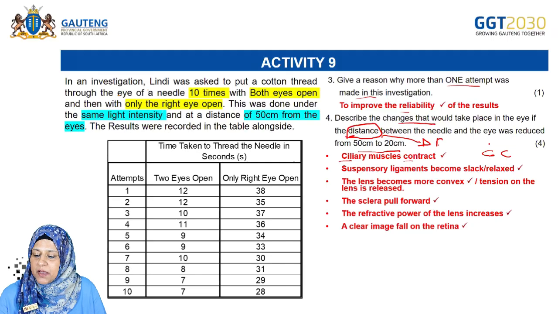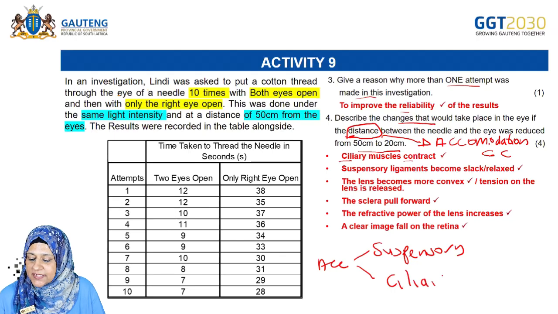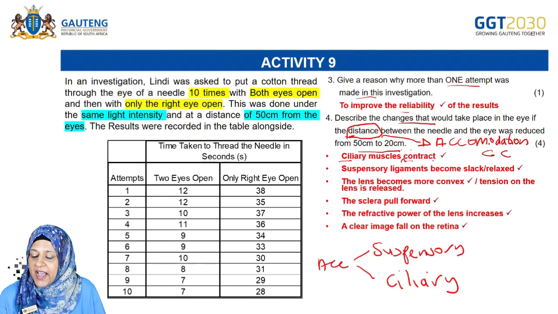When we're speaking about accommodation, it's accommodation because we are speaking about distance. You need to understand that for accommodation, there are two muscles that are involved. Number one is suspensory, and number two is ciliary. And you have to use the word of the iris. So ciliary muscles of the iris contract, that's CC.